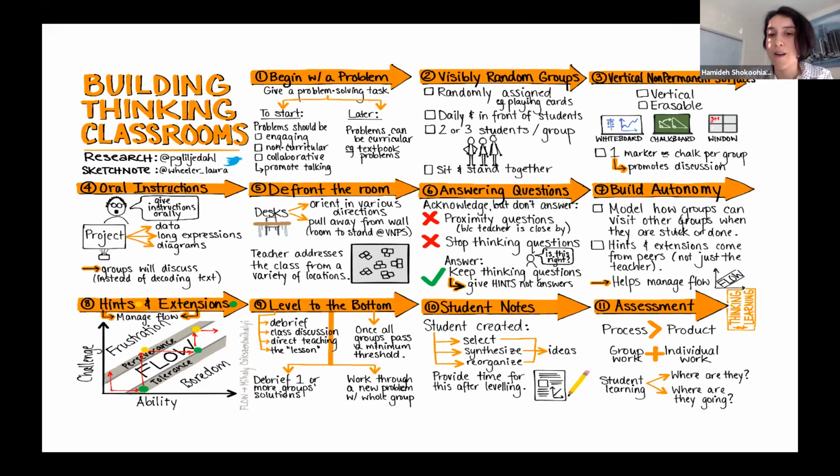Then the instructor addresses and helps students from different directions of the room. Unfortunately, this item we cannot have in our Zoom classes. We cannot define the room. But the next step is that the instructor answers questions in different groups, only those answers that continue the thinking process.